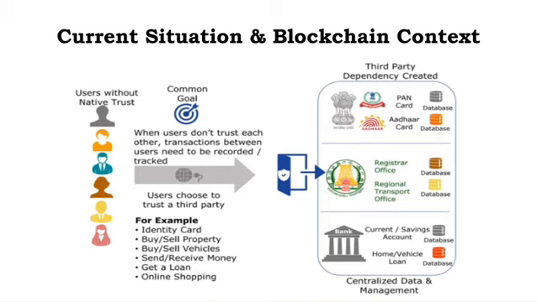That is the scenario whenever there is no trust between any of the blocks during a transaction: we have a distributed ledger which is shared to all the blocks in the blockchain. This relates to the current situation where the user, without having trust, makes use of third-party dependencies.